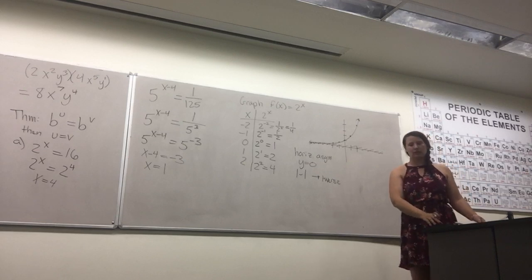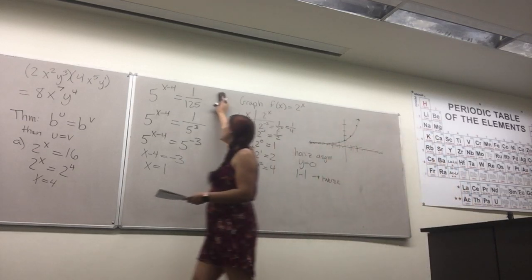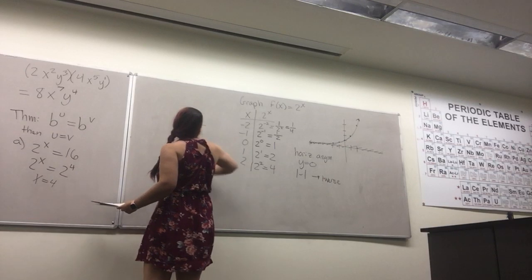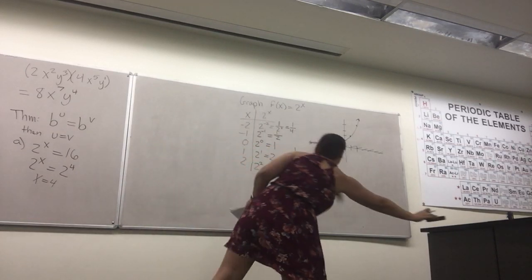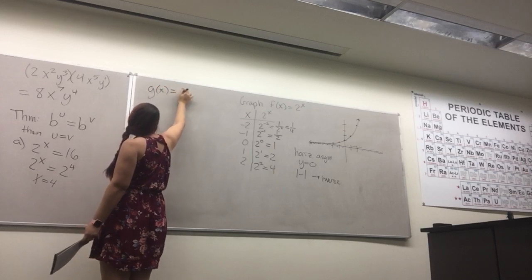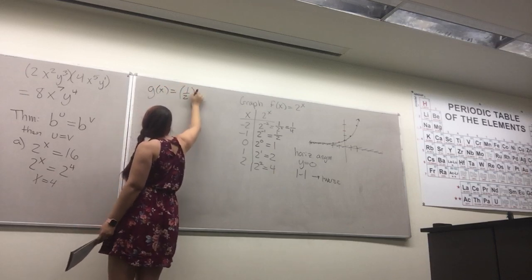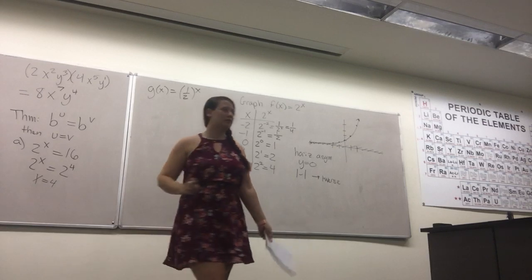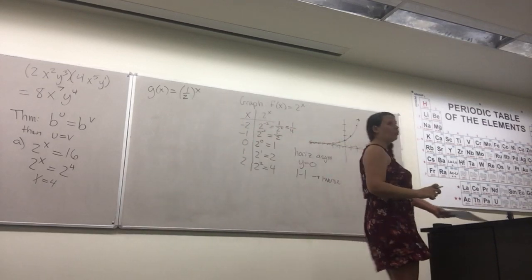What would happen if we made it, I want to do it because I already have the nice graph up. If we made it g of x equals 1/2 to the x. What is that?